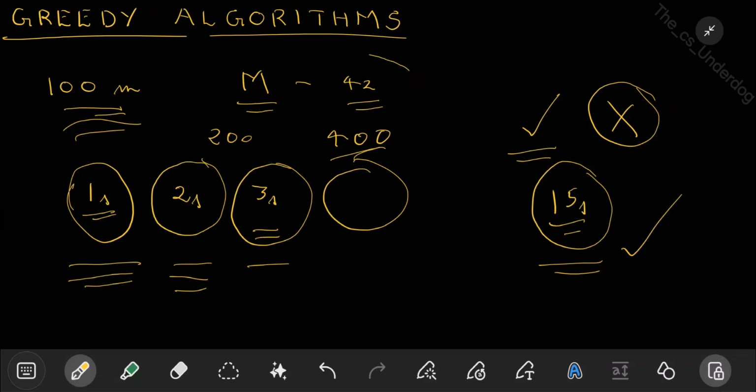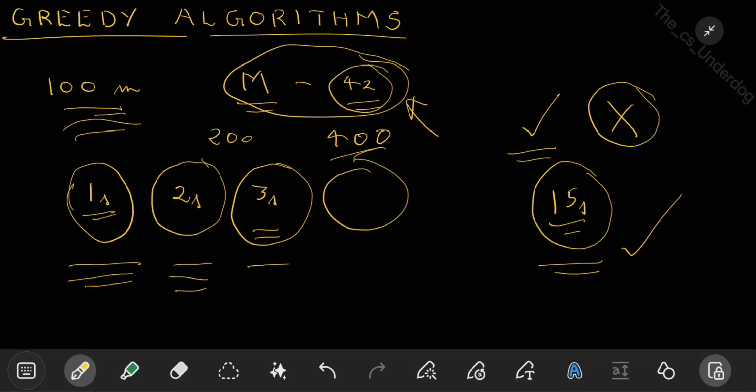Leave the concept of winning this marathon. You may not even manage to complete this marathon. That is what happens if you apply greedy strategy in this marathon race, because here you have to cover much larger distance, which is more than 42 kilometers, and because of which you have to strategize it differently.